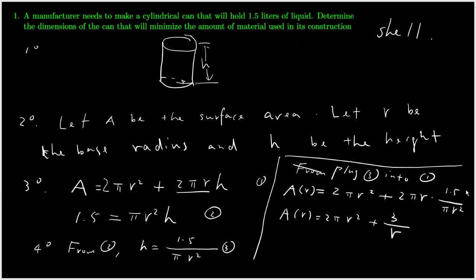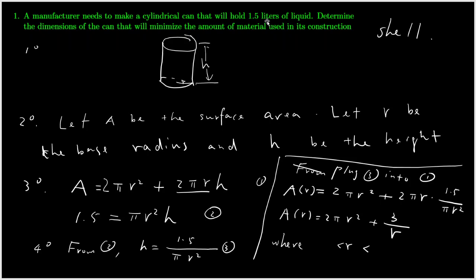Anybody want to tell me the smallest possible value of r and the largest possible value of r, please? You just use the condition. The only condition you want to satisfy is that the volume is 1.5 liters, a fixed volume.